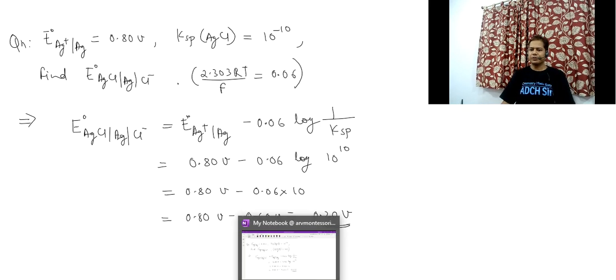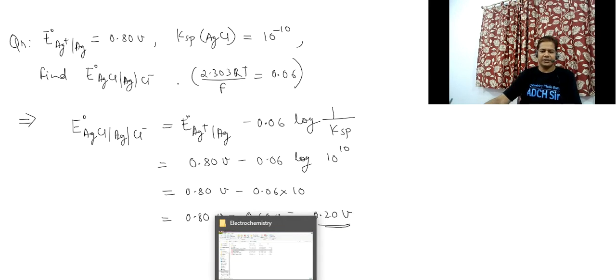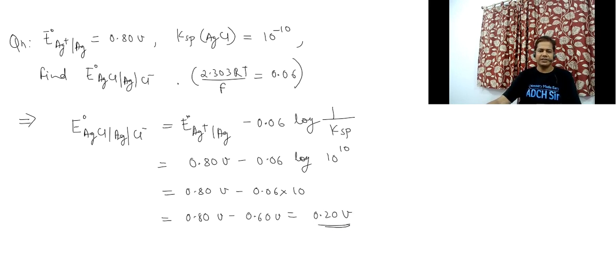So the standard electrode potential of the AgCl electrode will be 0.2 volts if we consider Ksp of AgCl as 10 to the power minus 10, and the value of E naught of Ag plus to Ag is 0.8 volts. We have considered 2.303 RT by F as equal to 0.06. So what can we conclude from here? That if the value of Ksp is known, then we can find out the value of E naught of a metal-metal insoluble salt electrode.